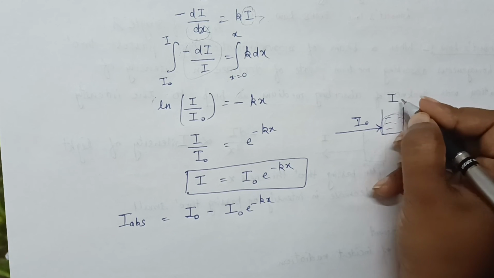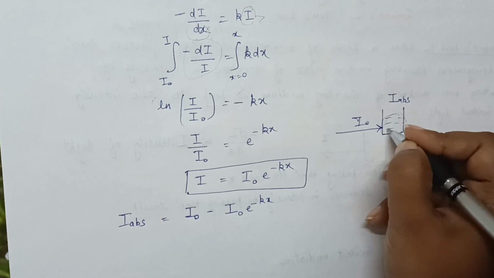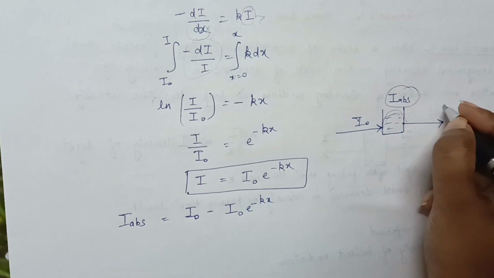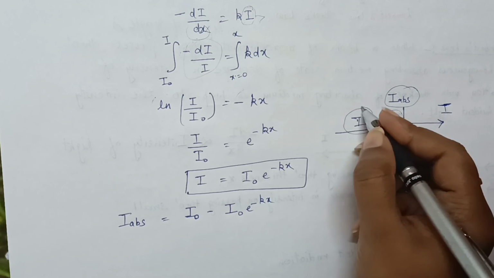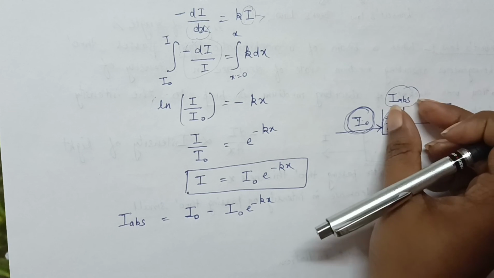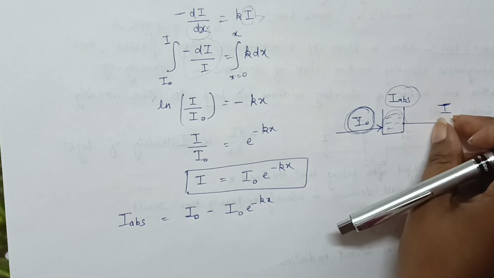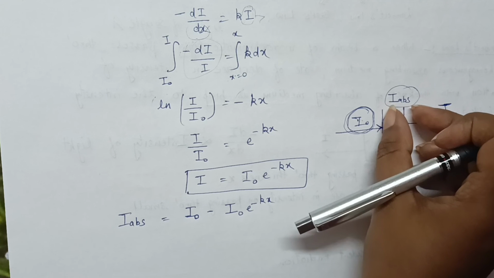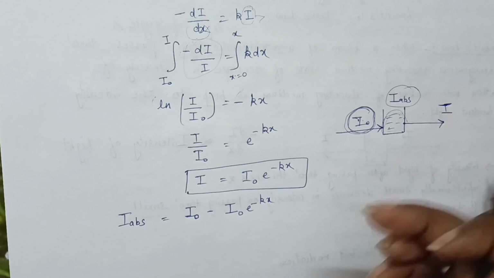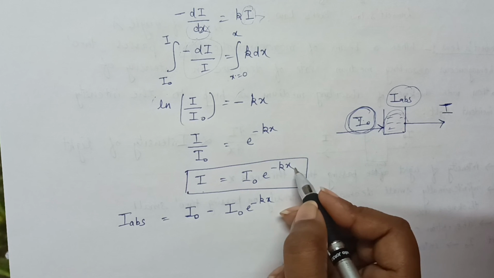After that some intensity will be absorbed by the medium, that is I absorbed, and the remaining will be transmitted, that is I. So the overall incident radiation was I absorbed plus I transmitted. If we want to find I absorbed, that will be I naught minus I. The value of I is I naught e to the power minus kx.